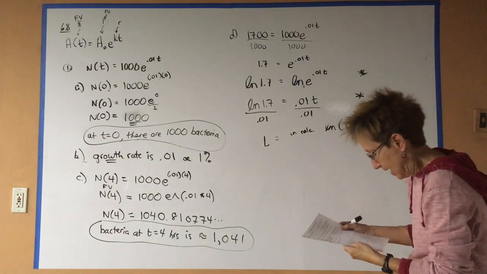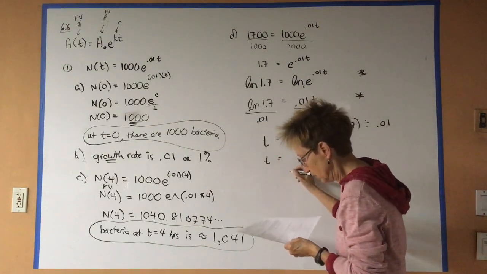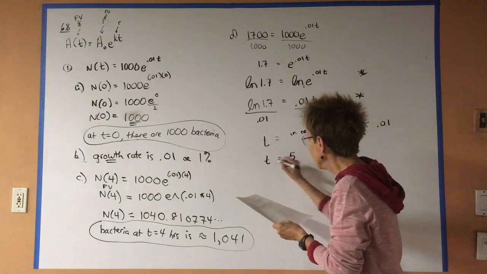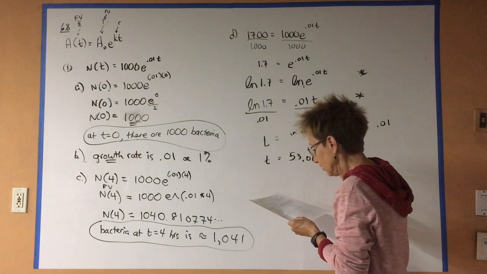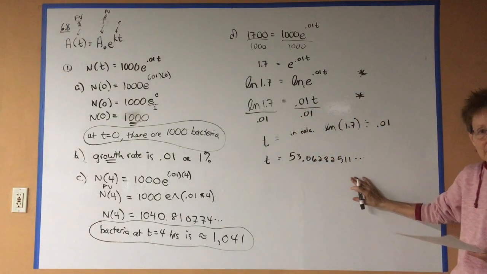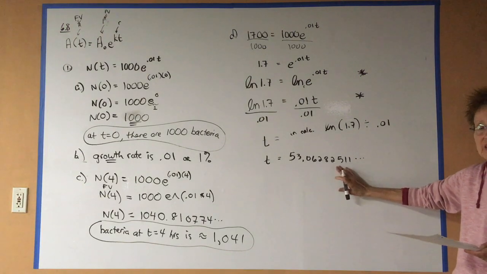And when I did that, what spit out was t is equal to, and I want to see this line as well. I want to know what your calculator spits out. So 53.06282511. It keeps going, but that's as much screen as I had, so that's as much as I could see. So that's what my calculator says t is.